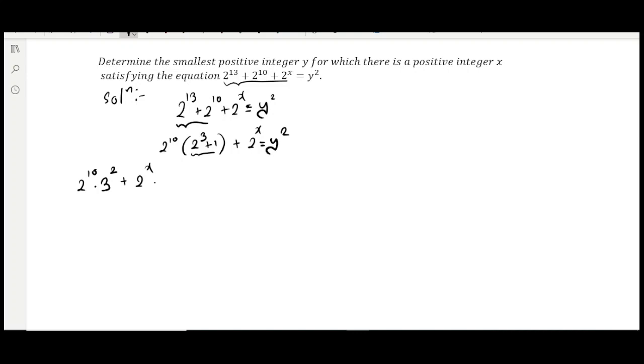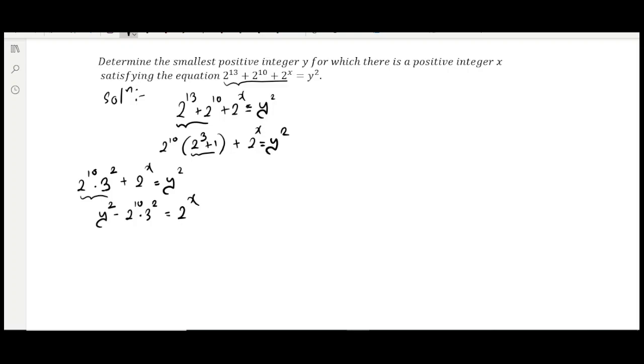In this type of question we use the identity a square minus b square. So we will send this to the right side. Then the expression will be y square minus 2 raised to power 10 into 3 square equals 2 raised to power x.